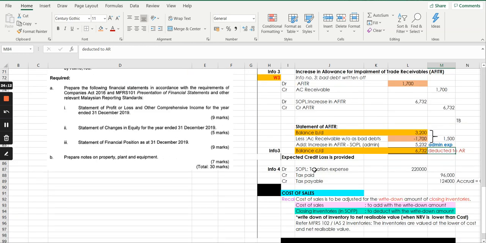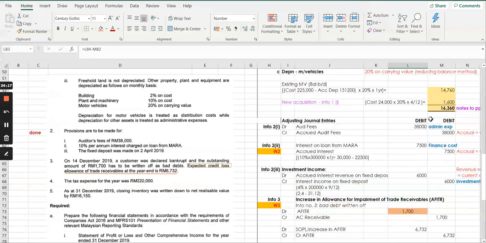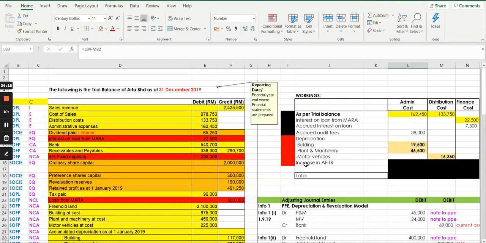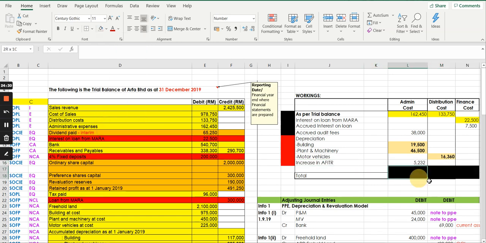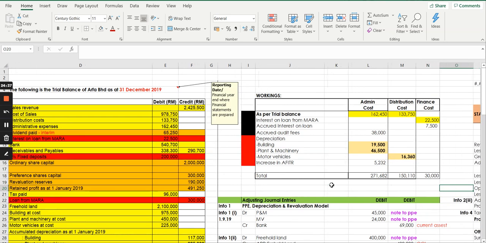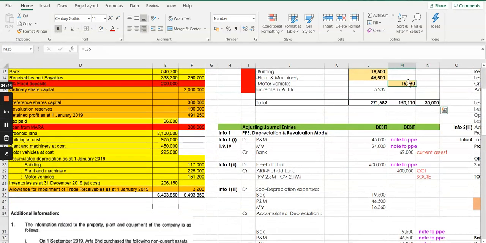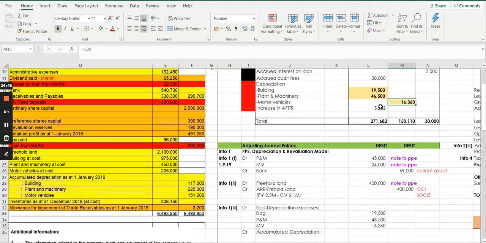So let's do that for our admin expenses first. We have the increase in allowance here, and this section is going to be included in your working section. Now you have no more working for your items in your SOPL. Everything has been finalized, and these are going to be the totals that you will transfer, but we will do that later. Just want to focus on the allowance first.